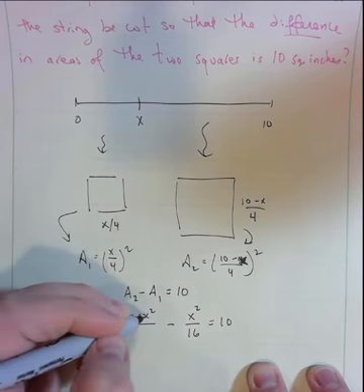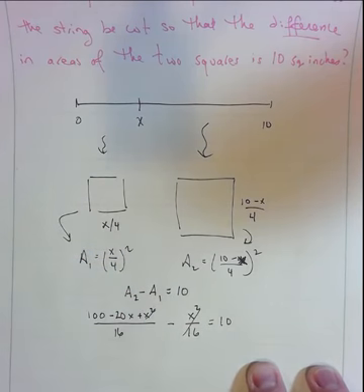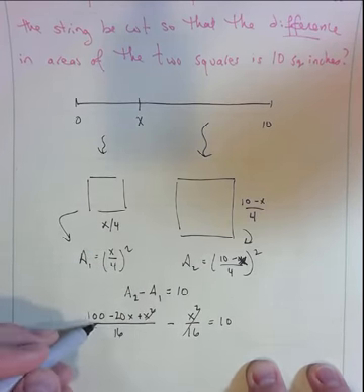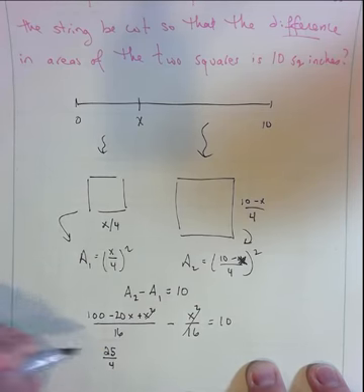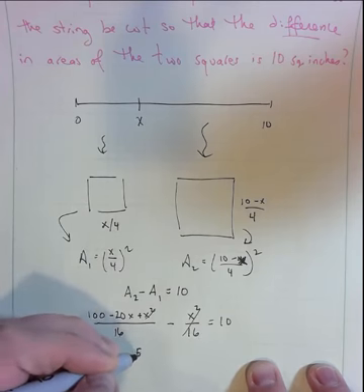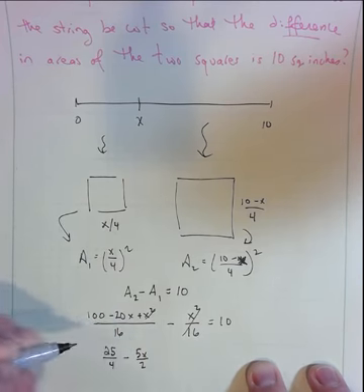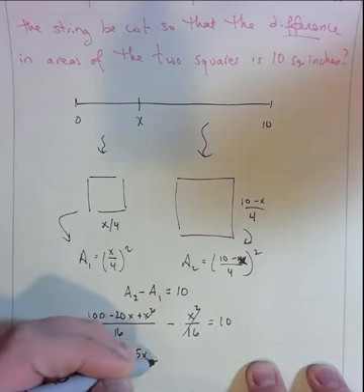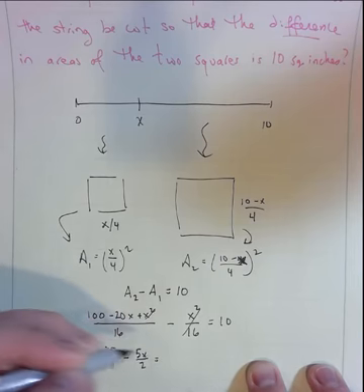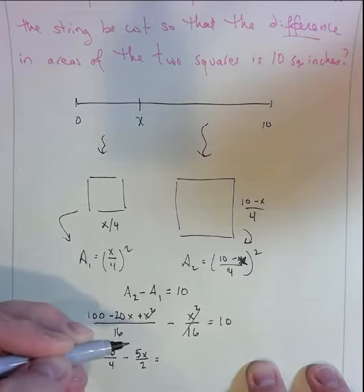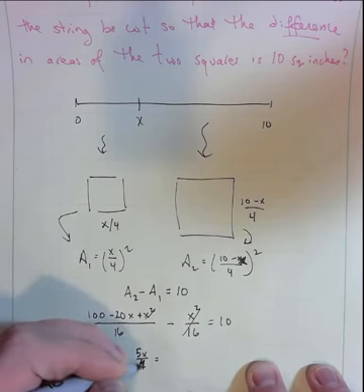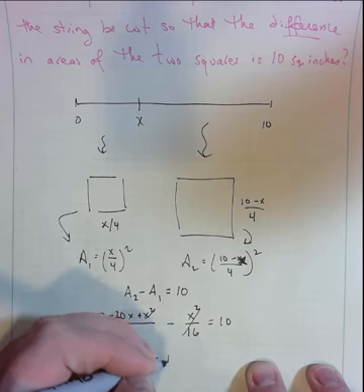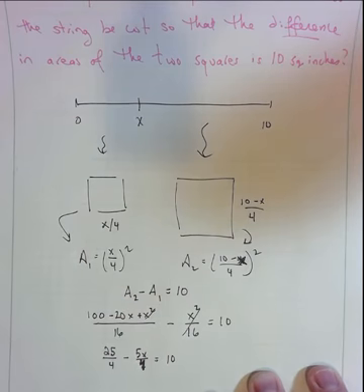So I'm not going to write that intermediate step, but those two terms are going to take care of themselves. 100 over 16 is 25 over 4. 20 over 16 is 5 fourths x, and that needs to be 10.